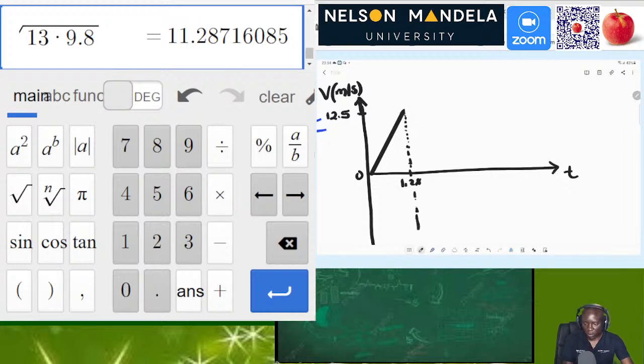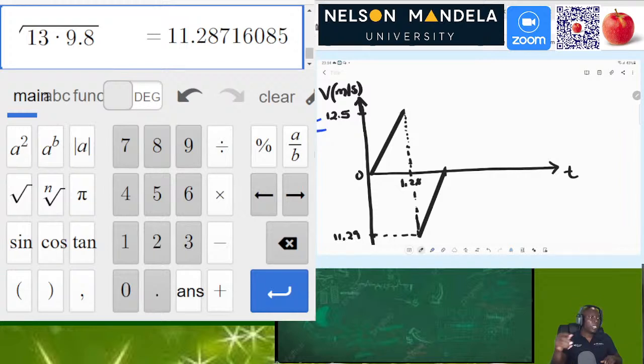Then at 11.29 meters per second, it leaves the ground to a maximum height again. Like that. Don't know what that time is, but this is at 11.29 meters per second.